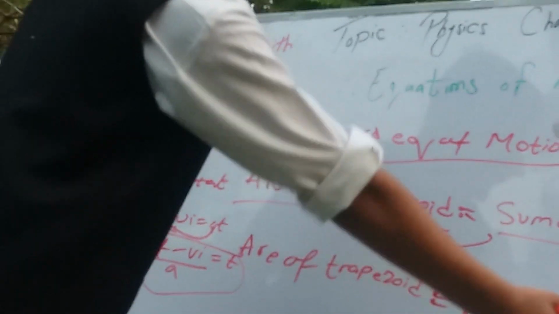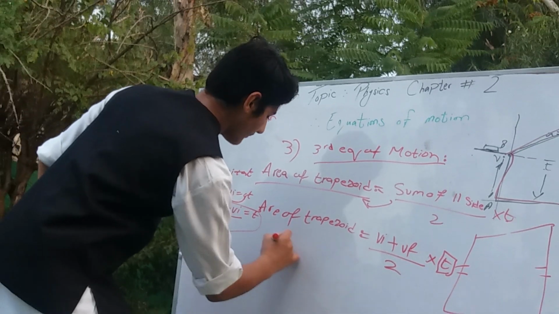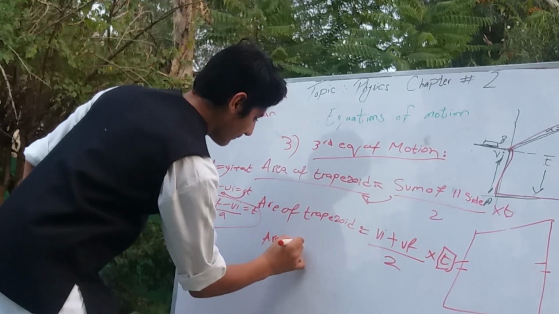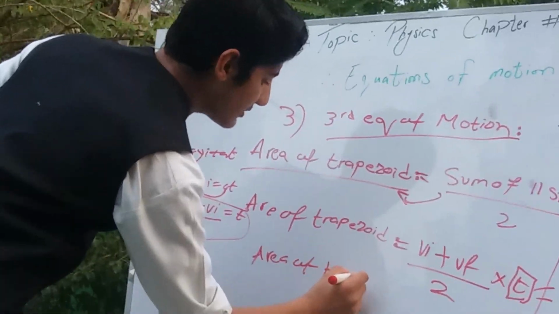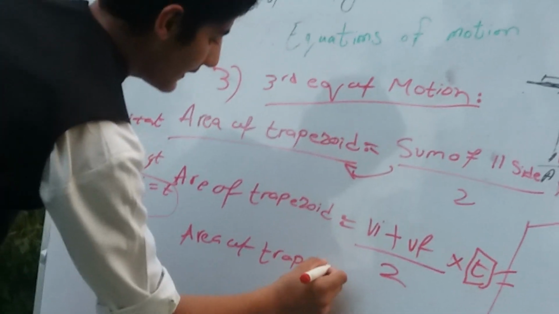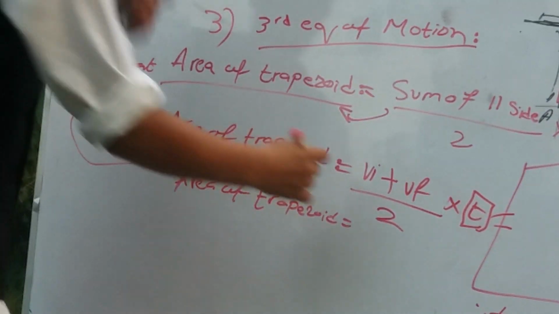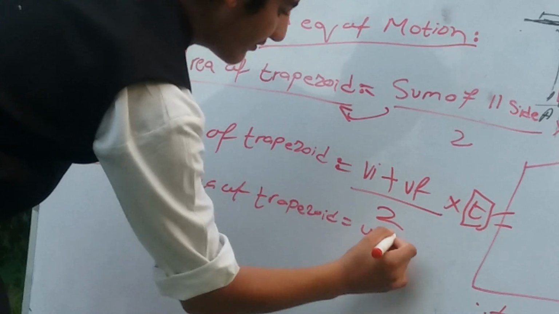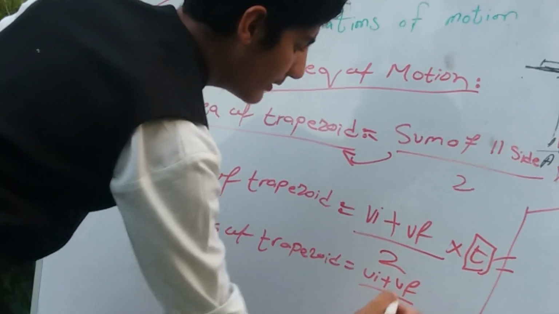Now we will put t right here. Area of the trapezoid is equal to Vi plus Vf divided by 2, multiplied by t.